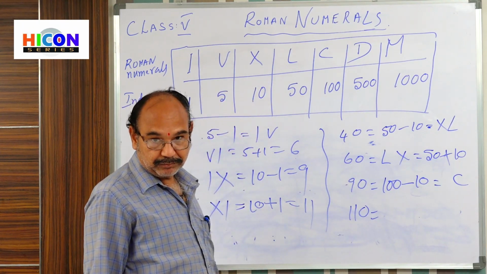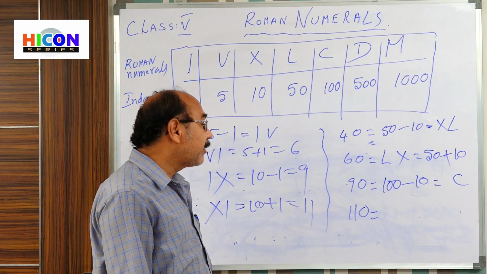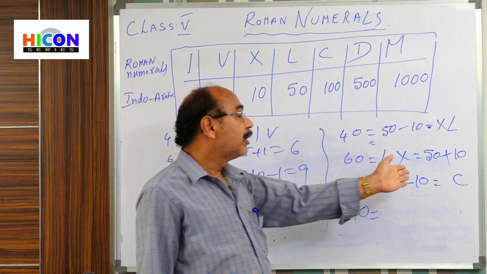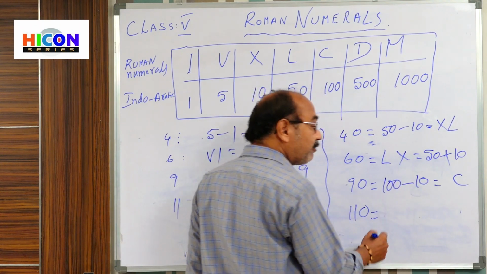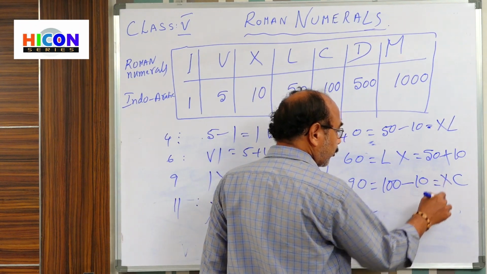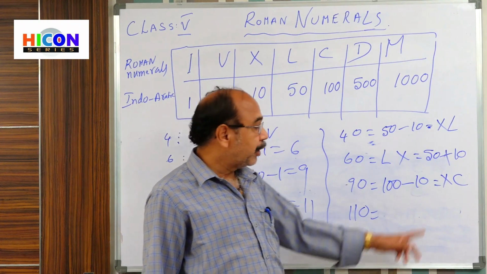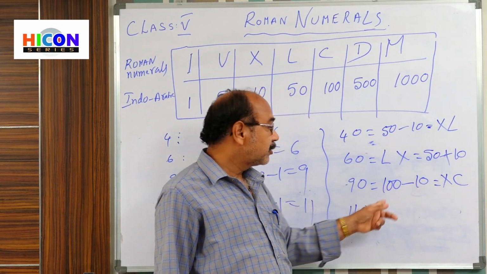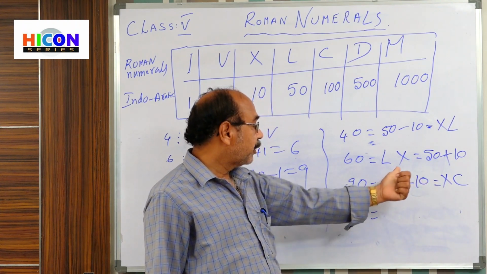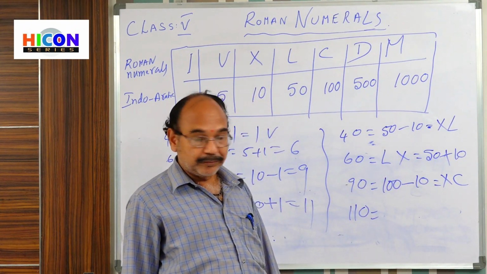X means 10. Right side of C or left side of C? Here we write the left side of C. Why? Because if we write the smaller one to the left of the bigger one, then subtraction. 100 minus 10 is equal to 90.